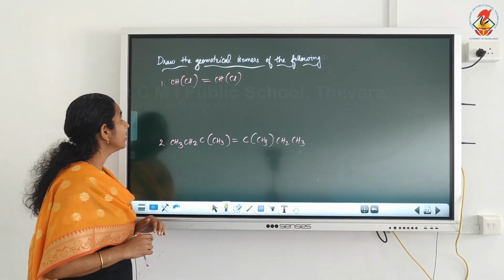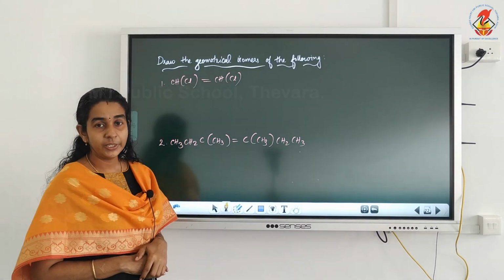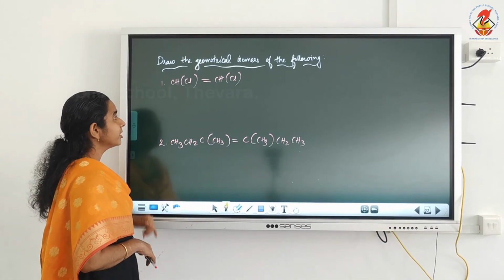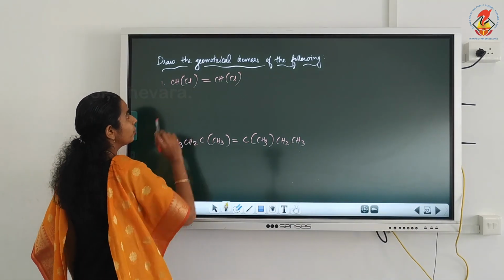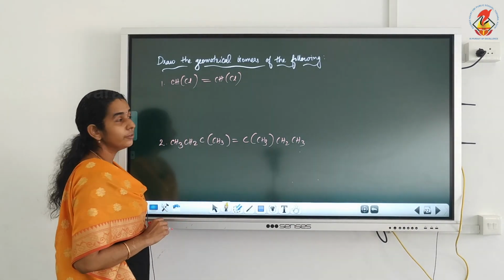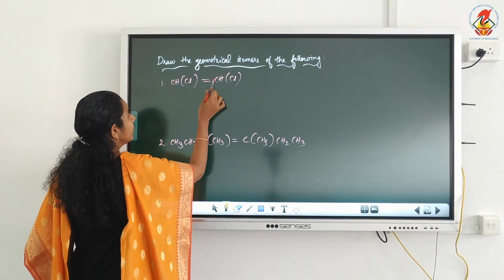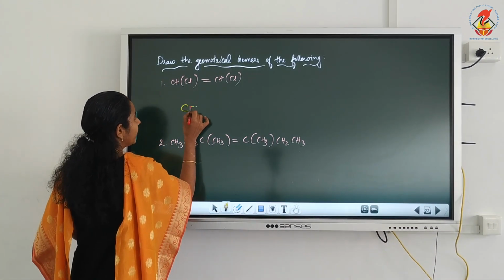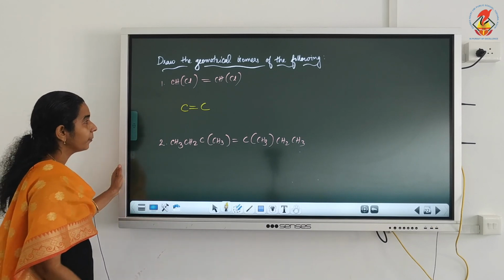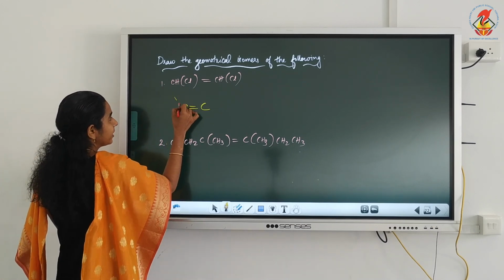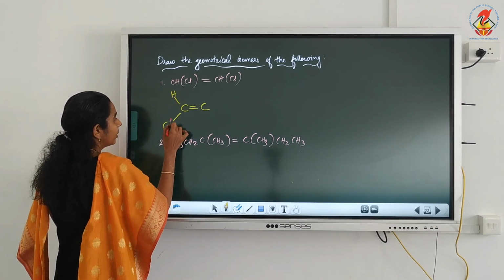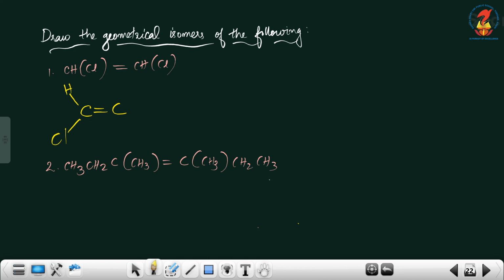Okay. Now the question is to draw the geometrical isomers of the following. So this is the first question. In order to draw the geometrical isomer, first we have to draw the double bonded carbon atoms. Now which are the groups present on the first carbon? One hydrogen, one chlorine. In the second carbon also there is one hydrogen and one chlorine.